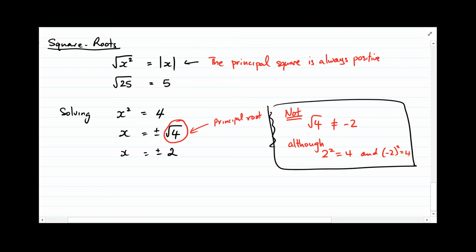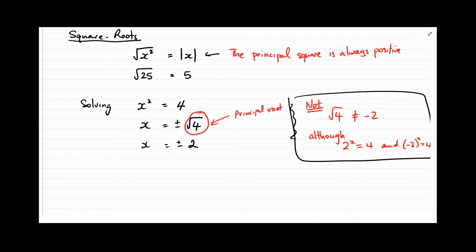Just make a note of that. When we're dealing with square roots, we'll always be dealing with that principal square root, which is that absolute value and hence always positive.